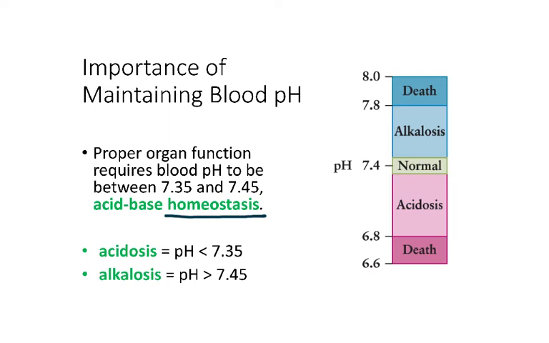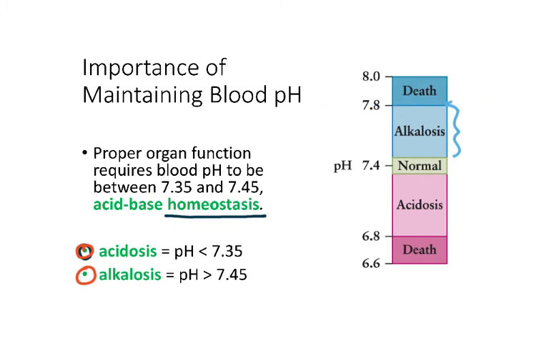Acidosis is defined as pH less than the expected range, so less than 7.35, and alkalosis is a pH greater than 7.45, out of the range. And there's a little bit of a range where alkalosis is problematic but recoverable. But if pH gets above 7.8, right, then it says death.